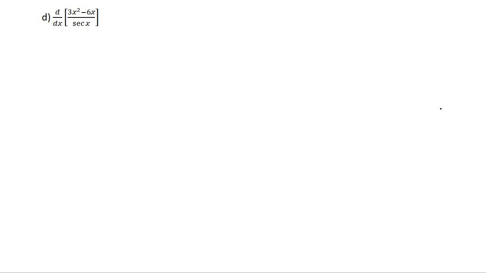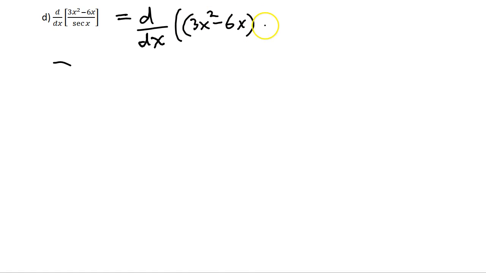Now this one looks like a quotient rule, but if you think for a moment, secant is 1 over cosine, right? So this is really 3x squared minus 6x times cosine of x.